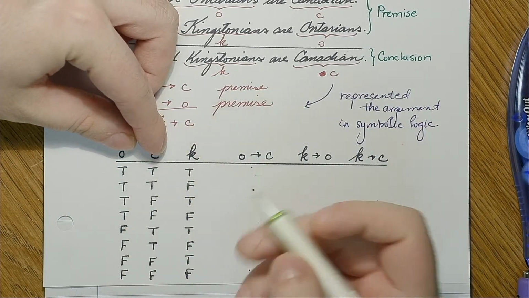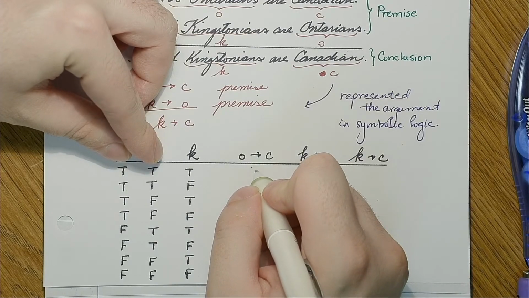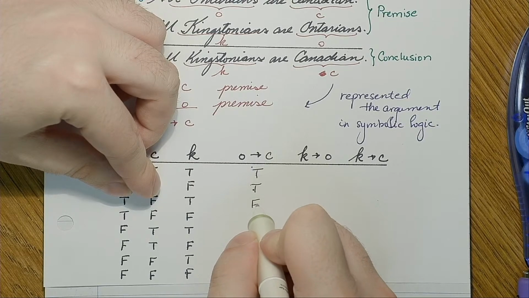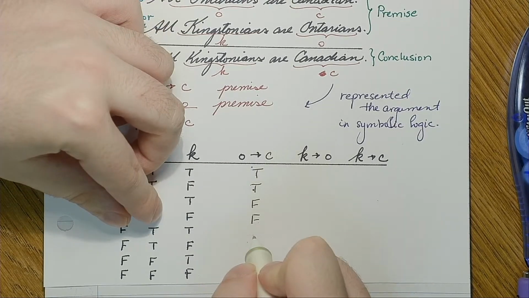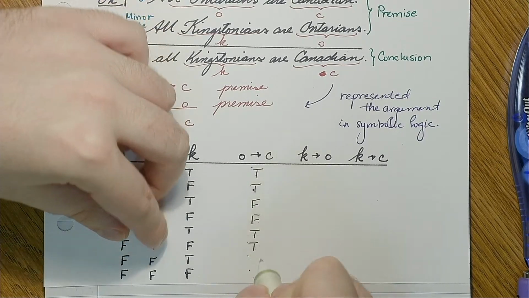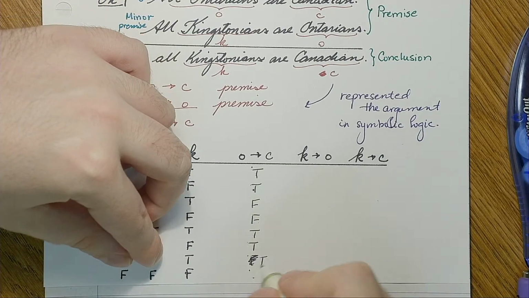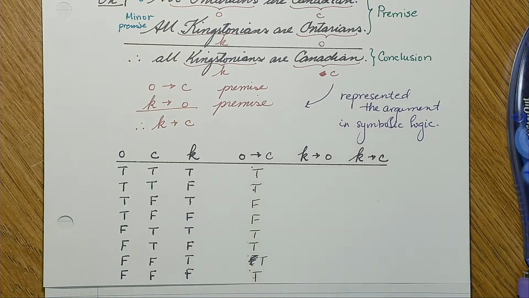So, O implies C. So that's true. This is true. This is false. False. True. True. False. This is also true and true. Okay.